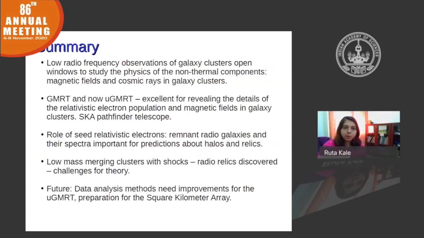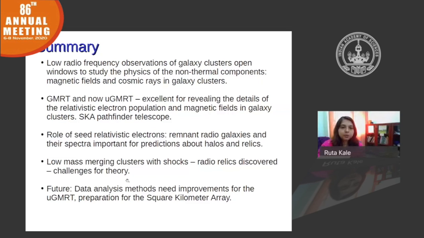In summary, I would like to say that low frequency observations open windows to study the physics of this plasma on megaparsec scales, which is otherwise completely elusive to detection. The upgraded GMRT is providing an excellent opportunity towards developing our skills to prepare ourselves for the science with the SKA.